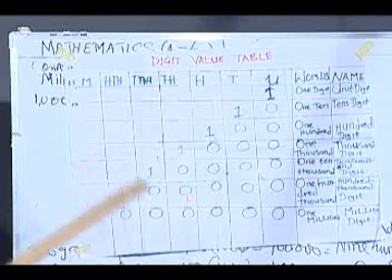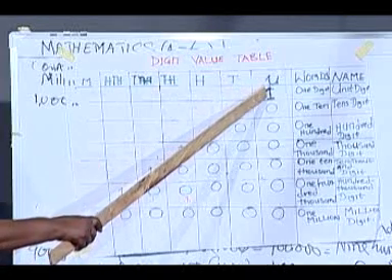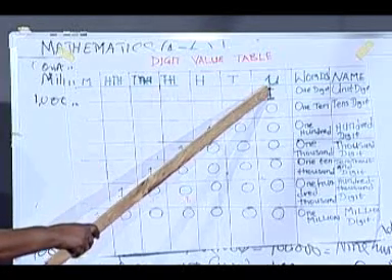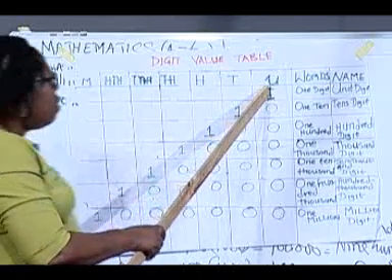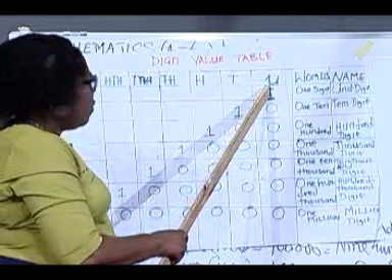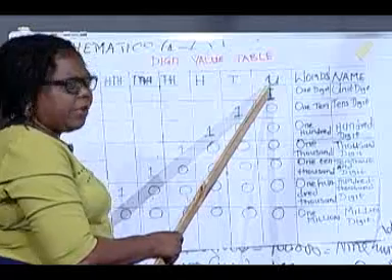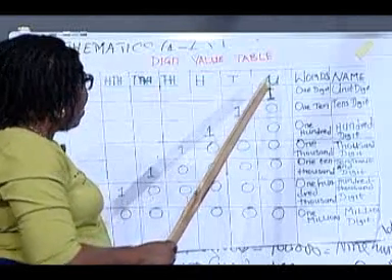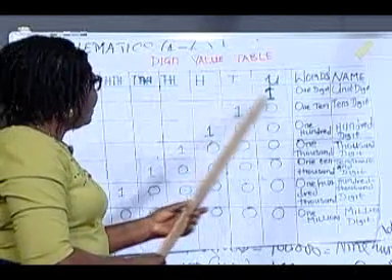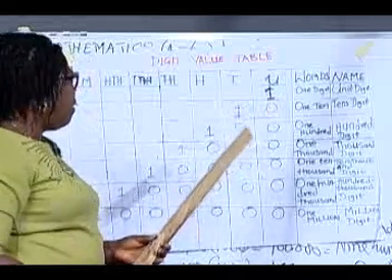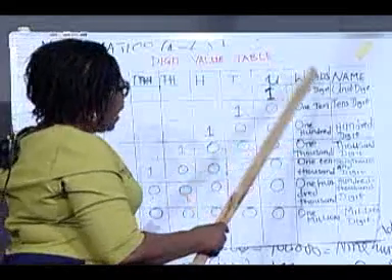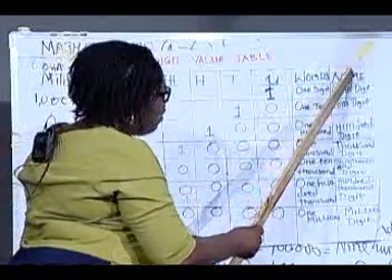Now, if we have 1 here, this one is under what? Unit. 1 is under unit. This is 1 unit. And then when we have 10, we say in words and the name given to them.